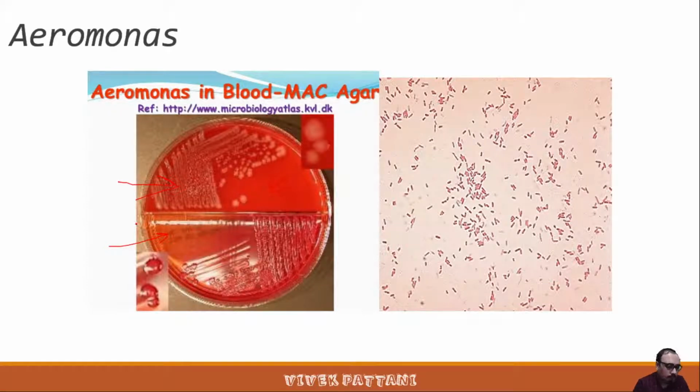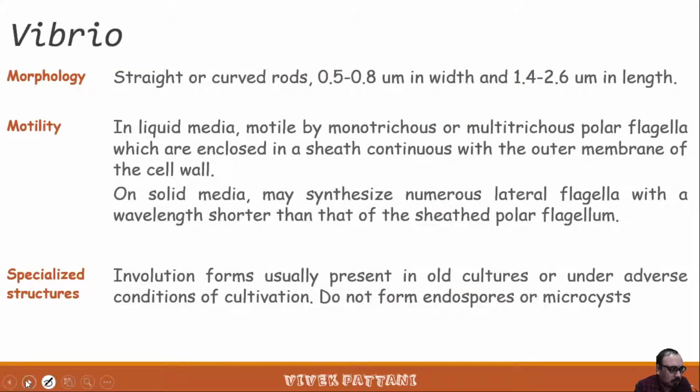And this one is a staining of Aeromonas. Now moving to the next bacteria, which is Vibrio. As the name itself says, they are vibrioid in shape, and sometimes they are straight. They are motile in liquid media by means of monotrichous or multitrichous polar flagella, enclosed in a sheath continuous with the outer membrane of the cell wall.